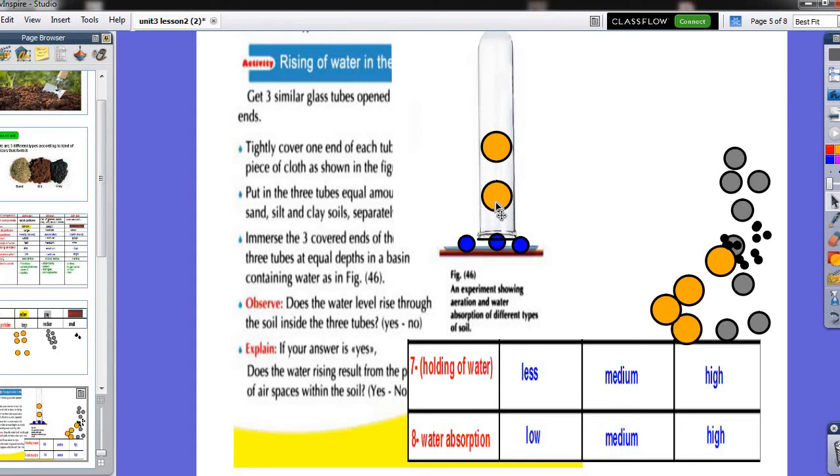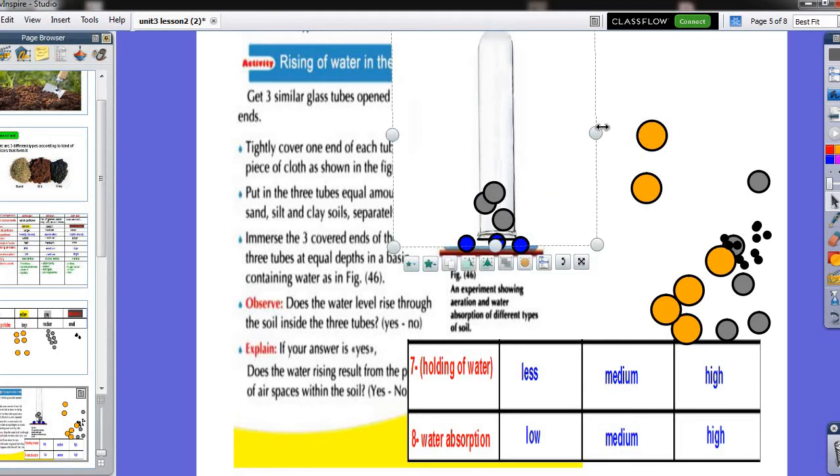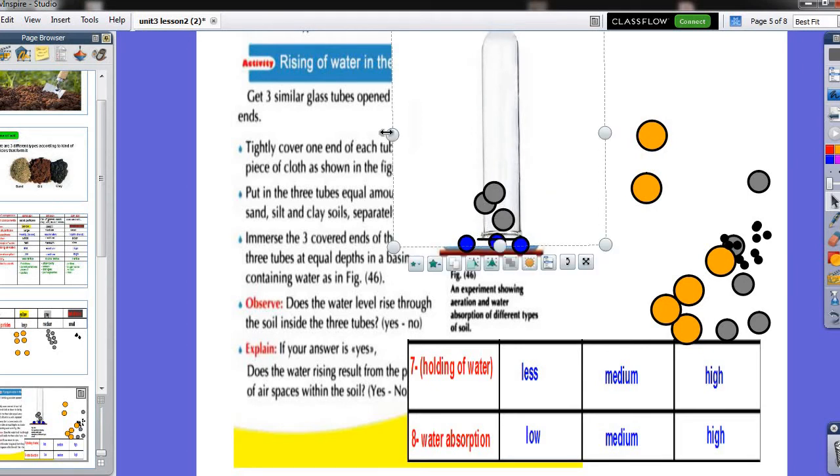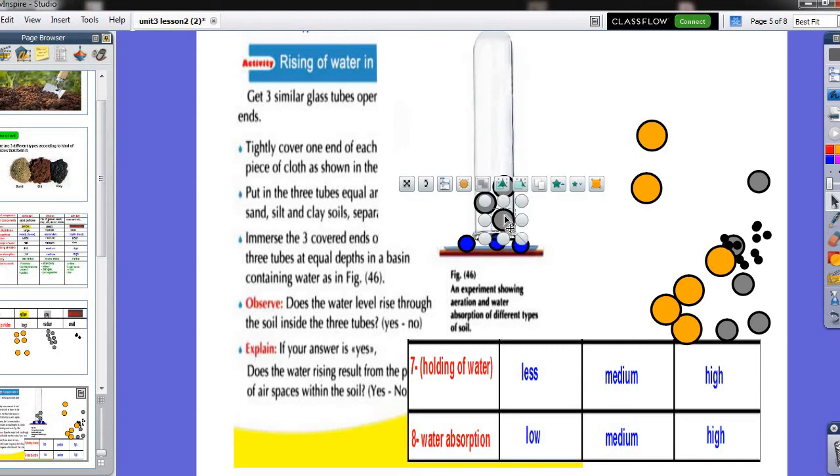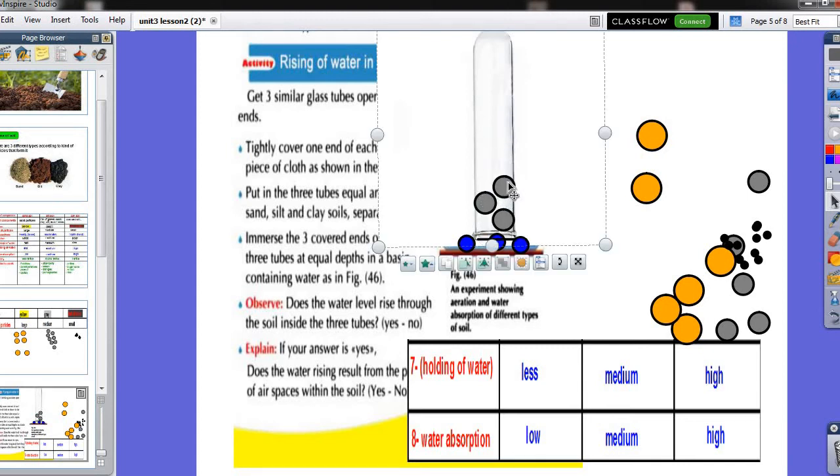Okay, then I will put silt. Here we know that the size of the silt is medium and the distance between them is medium, and the holding of the water is medium.